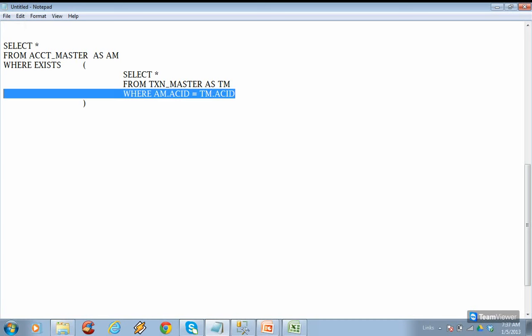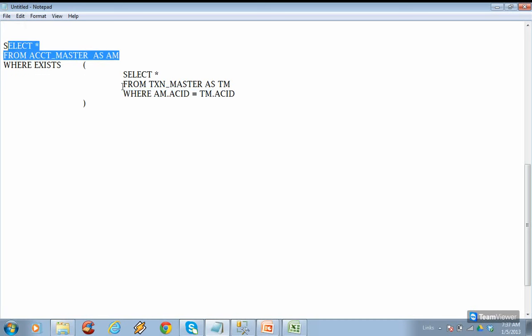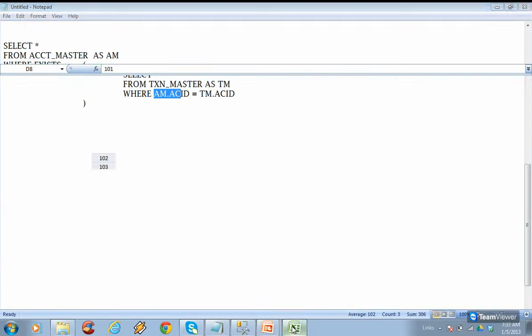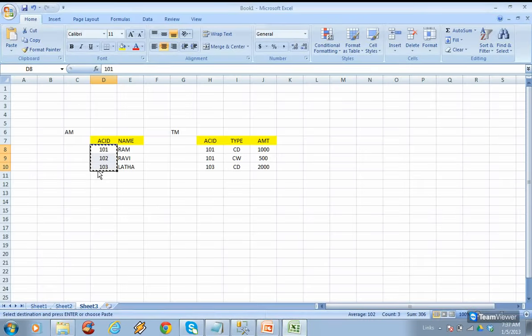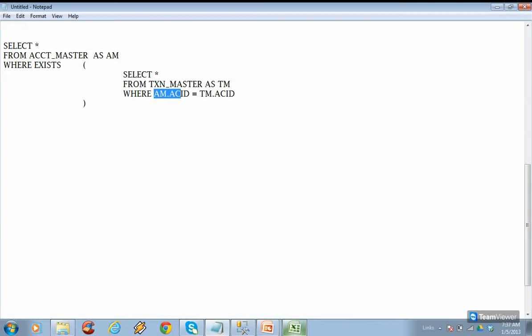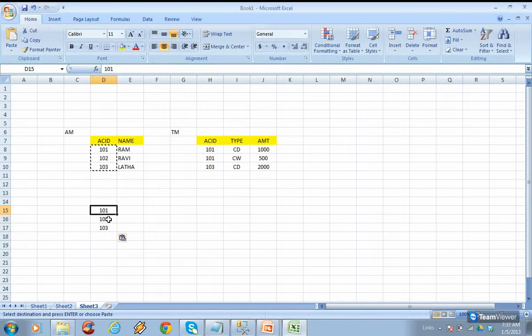Now the complete logic behind the scenes. First this outer query will be executed and it gets only ACIDs from the AM table. What is the AM table? This is the AM table. So this will be kept in RAM. Now I have 101, 102, 103.